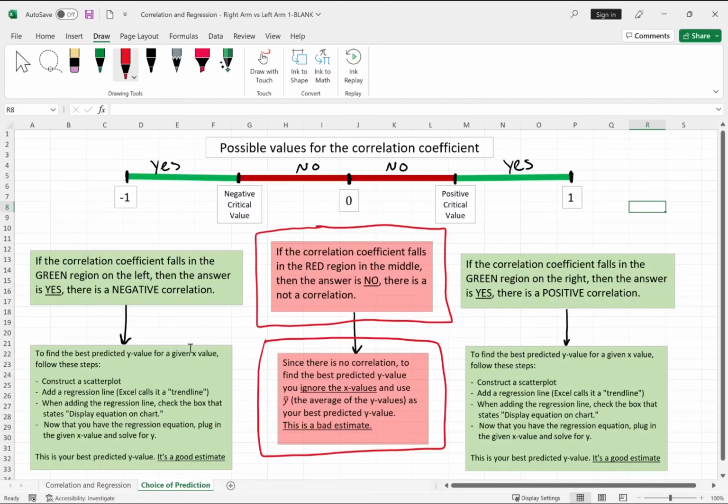So this is what happened in the previous activity, in the previous video with the house prices. It was a good estimate because we determined first there was a statistical correlation. In this case, there's not. So there's no pattern or relationship to work with when we just use y bar, the average of the y values.